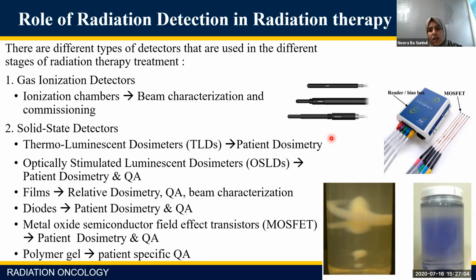And as you can see in the figure, this is what the shape of an ionization chamber looks like, I mean, for those ionization chambers that are used in clinic. And then there are also a variety of solid state detectors, for example, TLDs, OSLDs, and many other detectors that are used for patient specific QA.